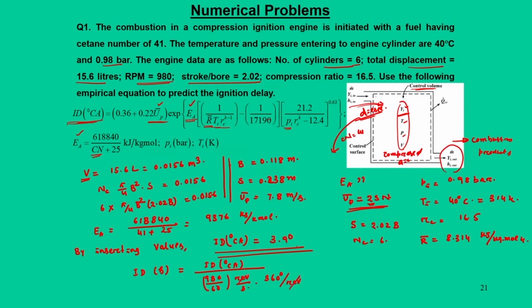So revolution gets cancelled, degree gets cancelled. This number becomes 3.9 into 60 divided by 980 into 360, which is 0.00066 second, so ideally the ignition delay can be approximated as 0.66 millisecond.